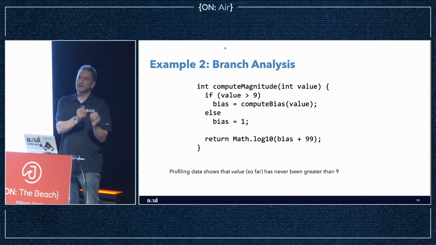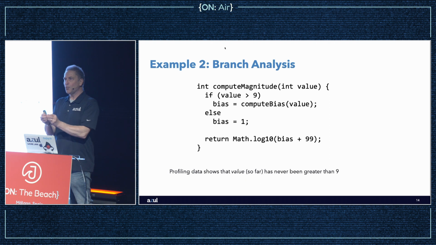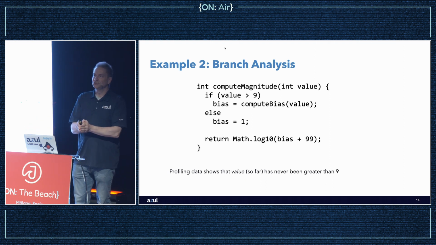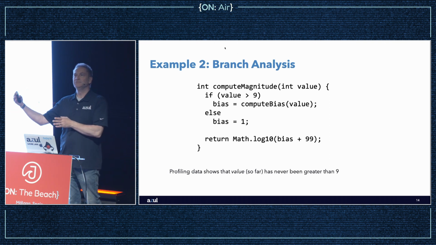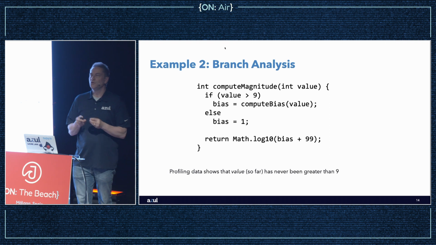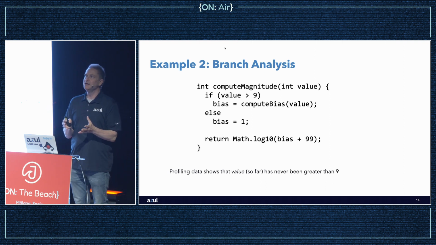Let's make a speculative assumption about the way this code is working. Up until now, we've never gone through the true branch, so let's assume in the future it's not going to go through the true branch. And the compiler can then change that code completely to improve the performance with that assumption in mind.